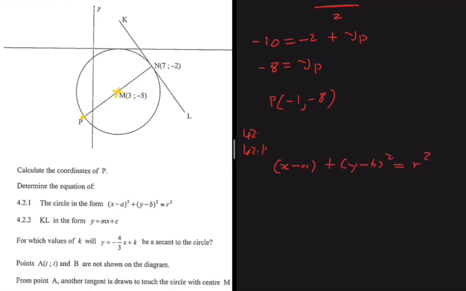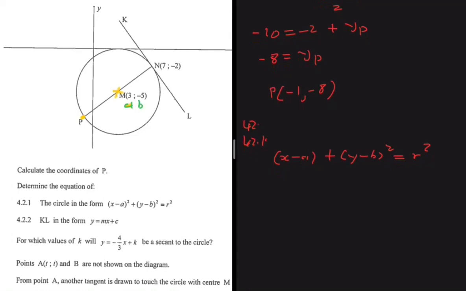So here we're going to use the coordinates of M again, right? 3 will be a, and y will be b, or minus 5. So if we put that into this equation, we shall get (x minus 3) squared plus (y minus 5), so that will just be plus 5, right? Squared is equal to r squared, right?